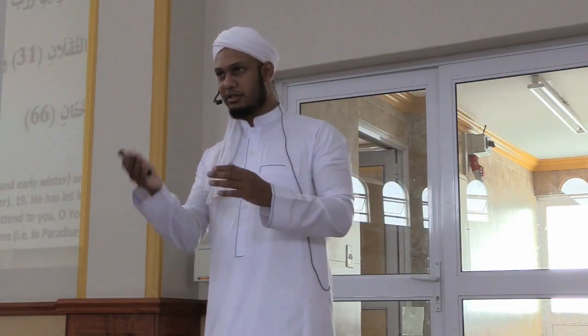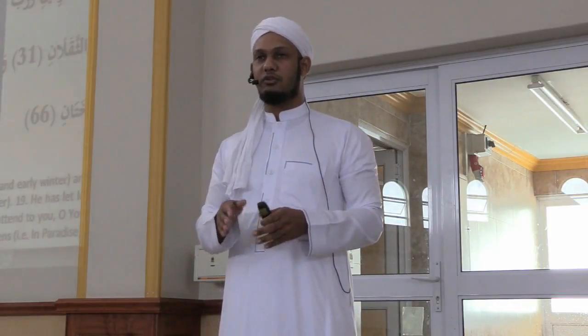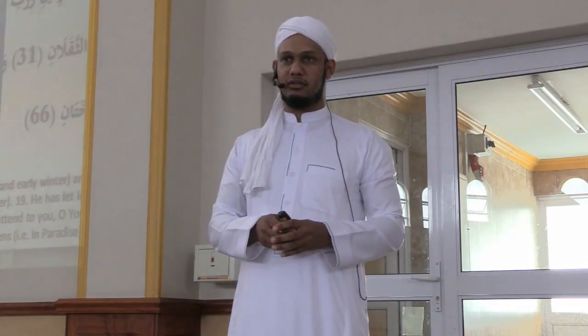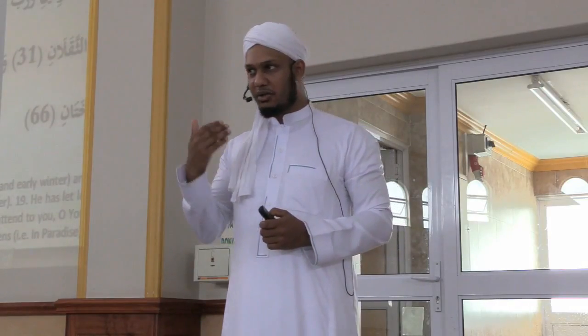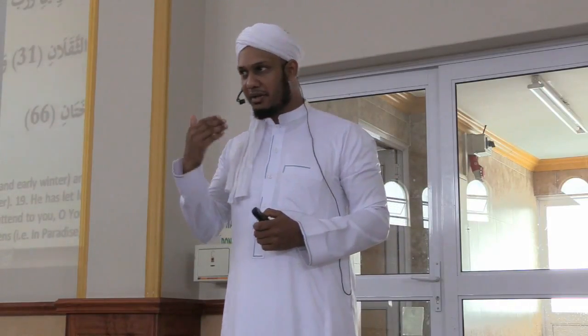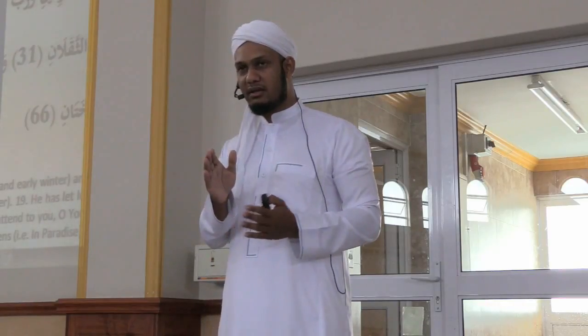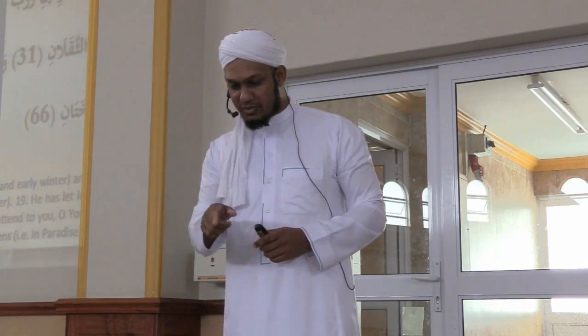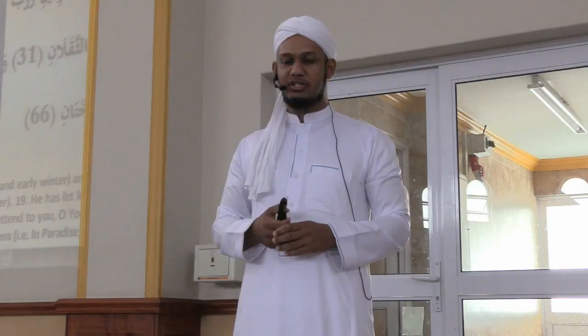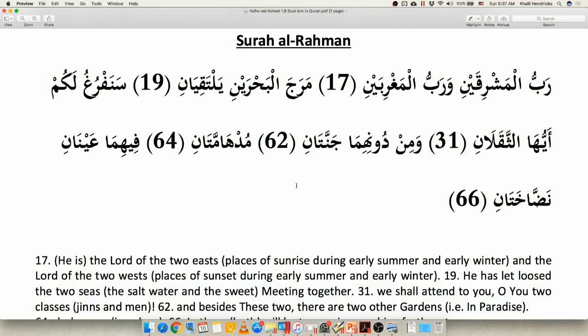Anyway, let's take a step back. So you see ani, aini, it's a dual. That's the first thing. So today's lesson was simple. The first part was simple. When you see ani or aini added to a word, the word is dual. Like for example Rabbul Mashriqaini. Mashriq is the east.